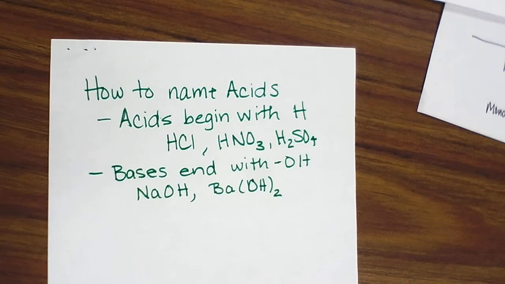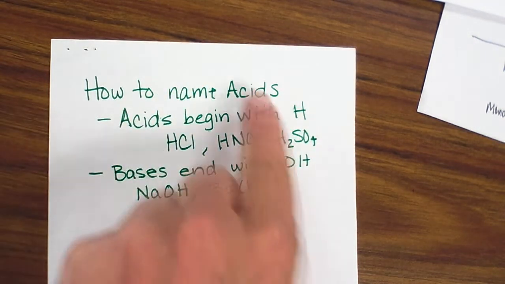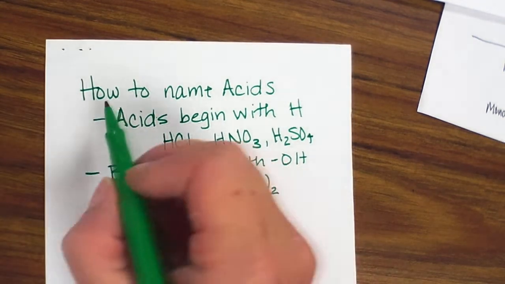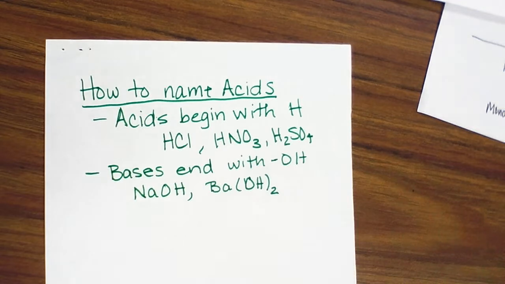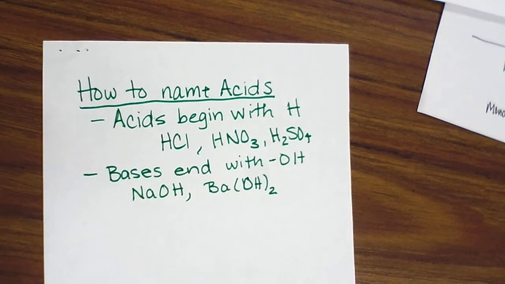You can write it in your notes if you want, or you can just watch. You don't need this right yet, because when we get to the naming acids part, you're going to write that on your periodic table. Now I'm showing you how they interact, but you don't need to write this down quite yet, all right?